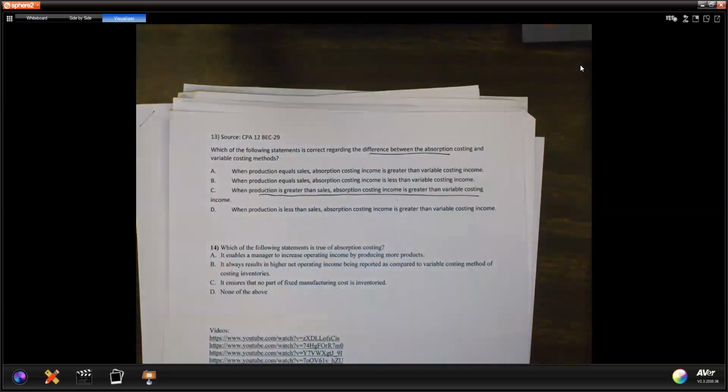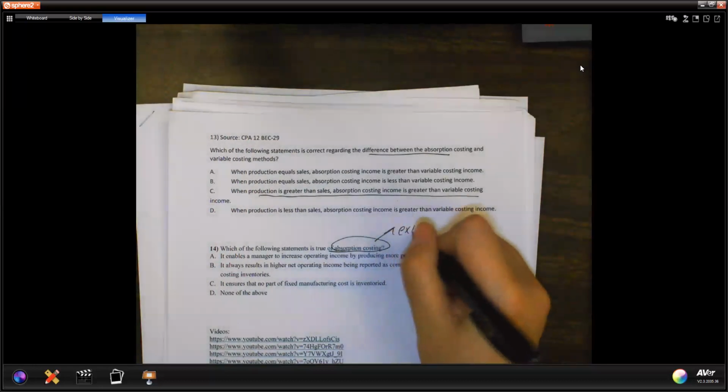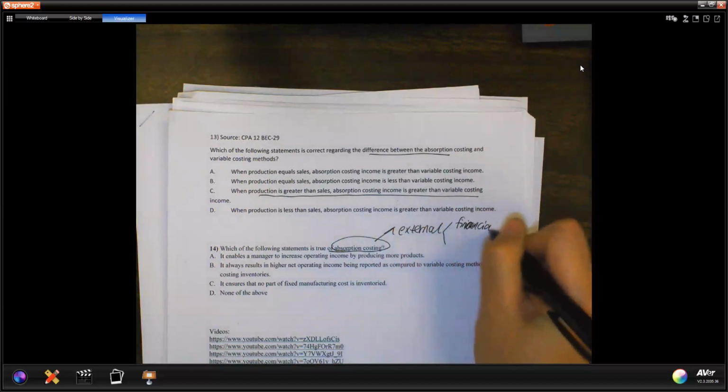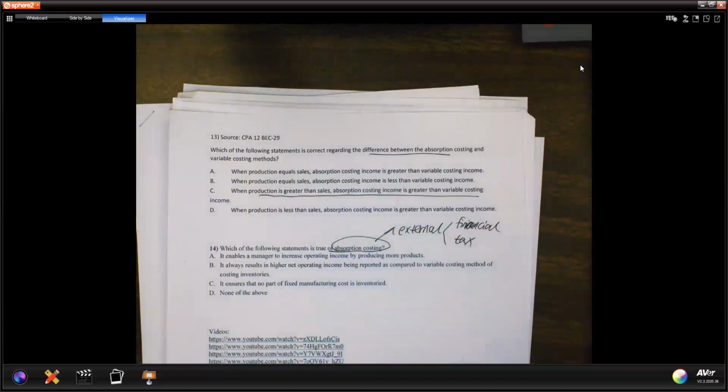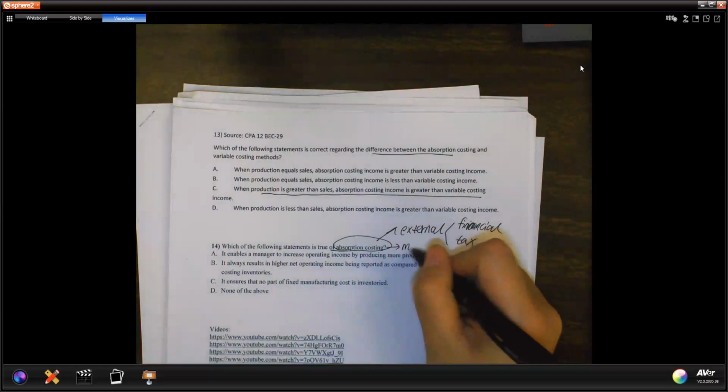And the last multiple choice is talking about absorption costing. We said absorption costing is the only one that can be used for external reporting, no matter whether it's for your financial purpose or for your tax purpose. But for your internal use, you can use either absorption or variable costing. It depends on the manager. And then we also said the absorption costing method can be used to manage your earnings, right?